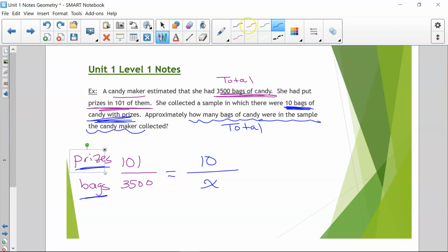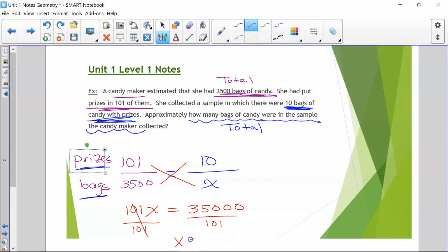So let's use cross multiplication or cross products to solve. 101 times x is equal to this product, and 3,500 times 10 would be 35,000.